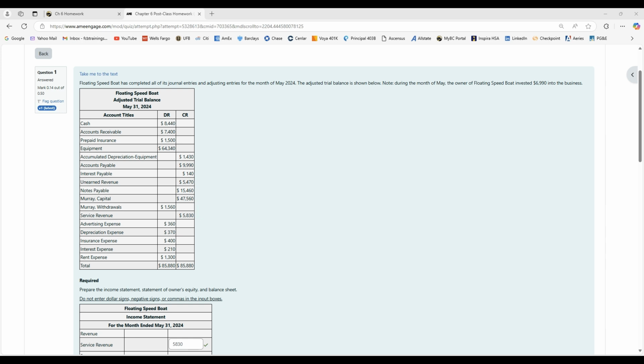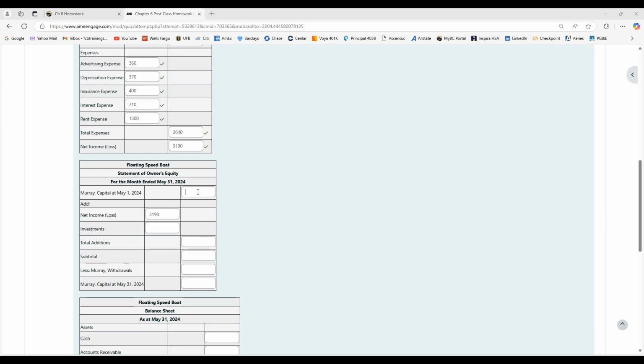But like I mentioned, that includes the $6,990 of investment. So we need to back that amount out. So if we take the ending balance of $47,560 minus $6,990, it gets us $40,570. Excuse me, and then we need to put the investments that were made shown separately down here. So then we're just going to add our net income and our investments to get a total for the total additions. So 10,180.